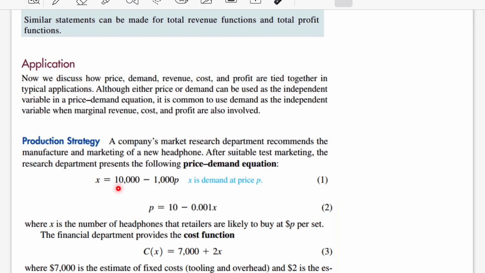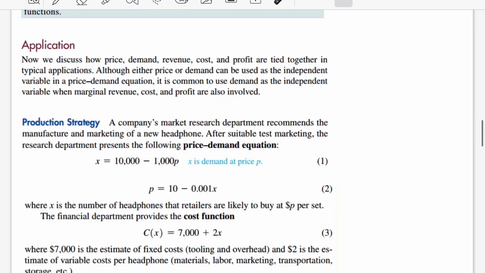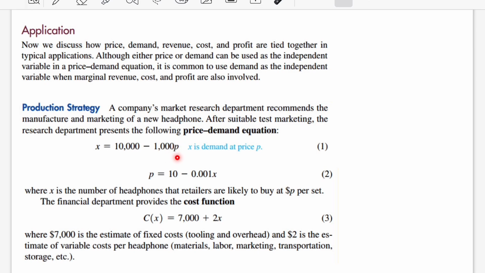We're given that X is equal to 10,000 minus 1,000 times P, where X is our demand at a certain price, P. Then solving for P, we get another way to represent this. So our price is equal to 10 minus 0.01 times X, where X is our certain demand.